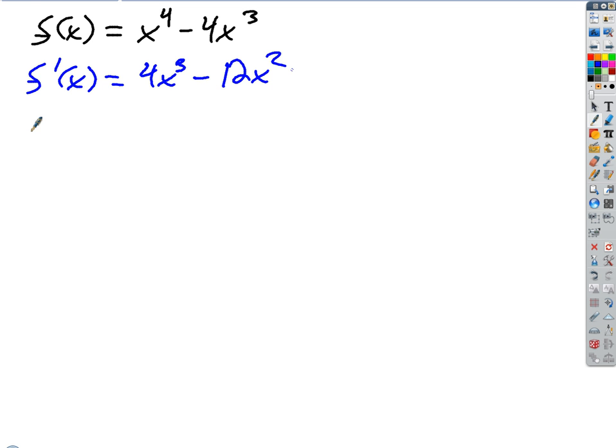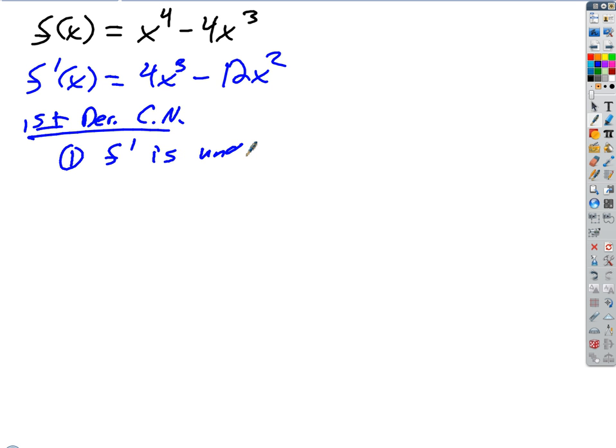So first derivative critical numbers. Is it undefined anywhere? Nowhere.